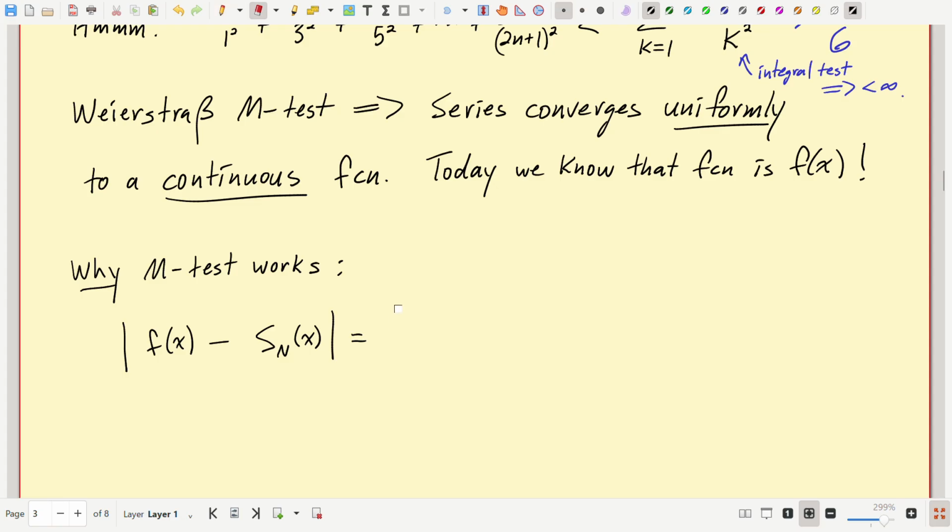So I'll write f of x minus the sum of all of the terms. Oh, blast.